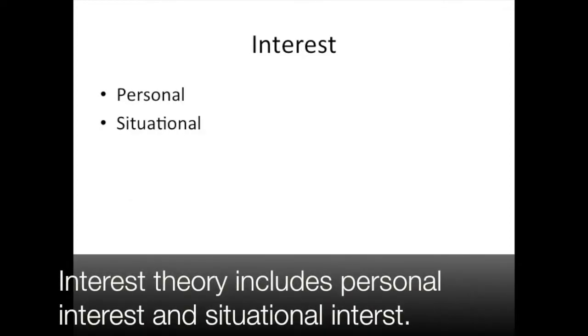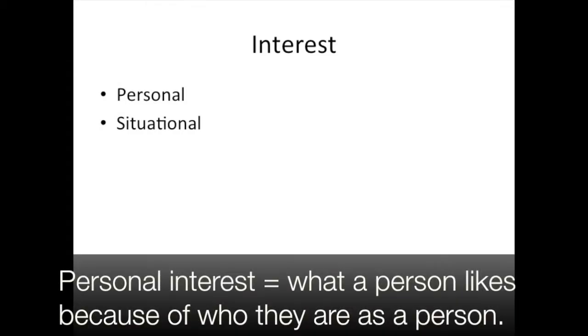The first theory we're going to talk about is interest, and there are two kinds of interest that can motivate a person. First, there's personal interest, and then there's situational interest. Personal interest is something that a person is interested in, motivated by, because of their personality, because of their likes, their dislikes. It's ingrained in the person.